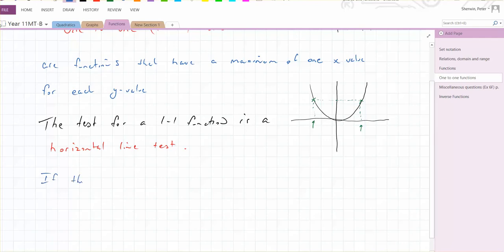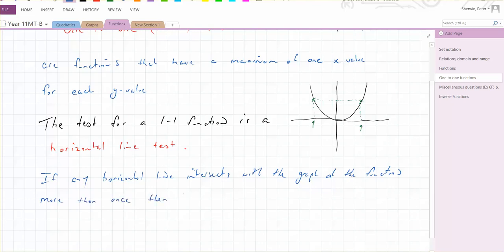If any horizontal line intersects with the graph of the function more than once, then the function is not one-to-one.